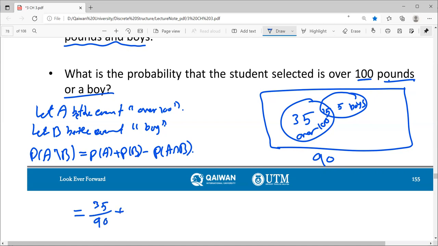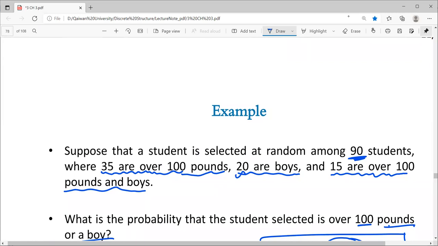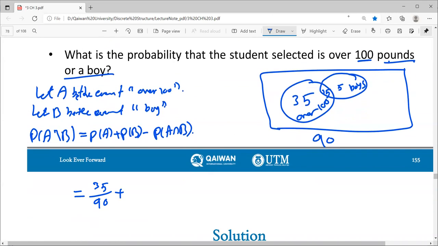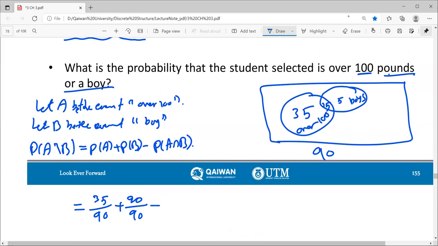Then plus probability of boys. How many boys do you have? We have 20 boys, as given here, so 20 over 90, minus the common between them. What's the probability of having a boy and over 100?